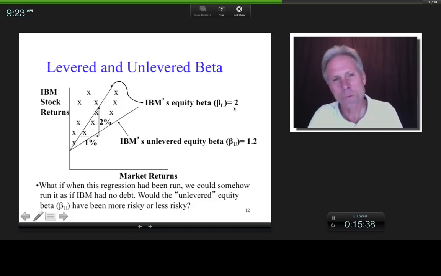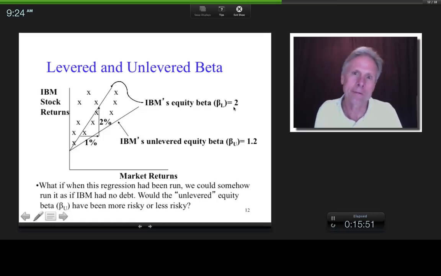So in any case, that's what I mean by levered and unlevered beta. The levered equity beta, or levered beta for short, is just your regular normal stock beta. It incorporates, number one, hey, what are you doing with my money? That's IBM's business, if you will. And by the way, how many folks get paid before me? That's the debt they have, so that's the normal beta that you're working with.